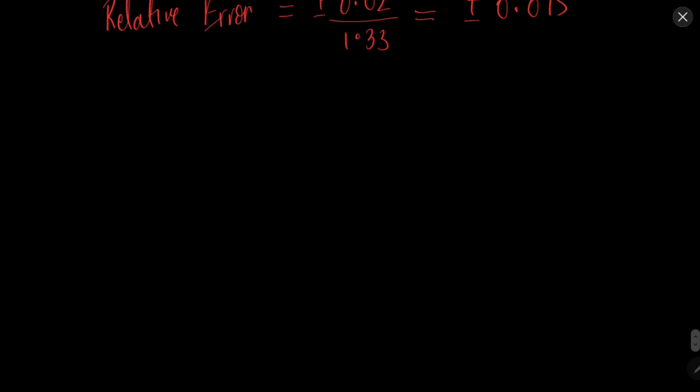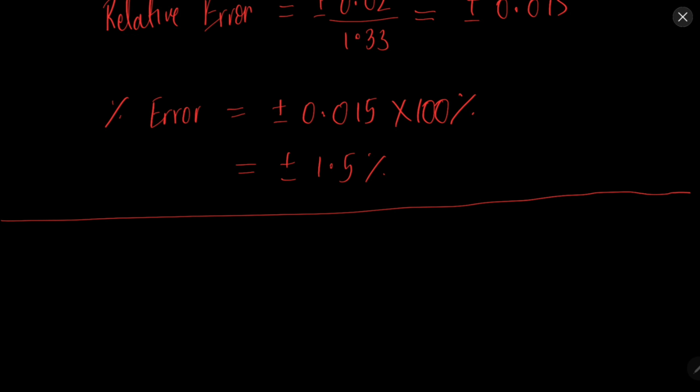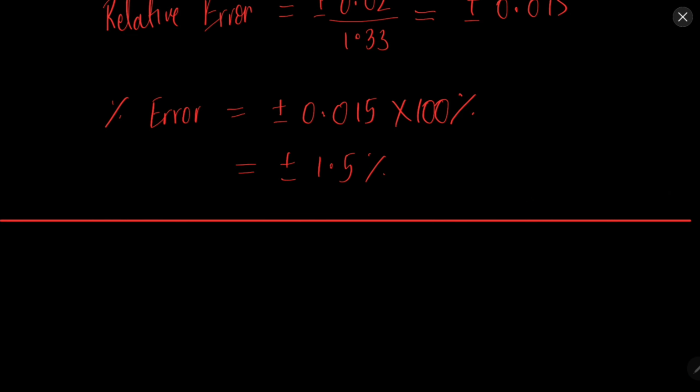So this is the relative error, error with respect to the mean value. And what is the percentage relative error? It's just the percentage of the relative error. So multiply with 100%. So you will get plus minus 1.5%. So this is the relative percentage error, that there is an error of approximately 1.5% during the measurement.